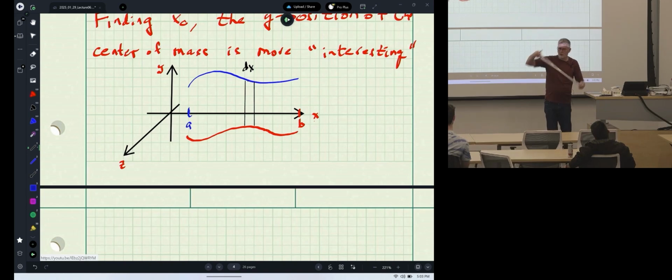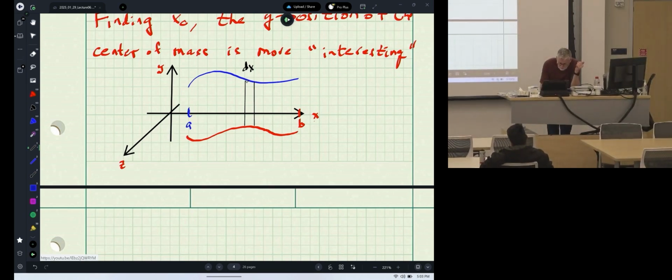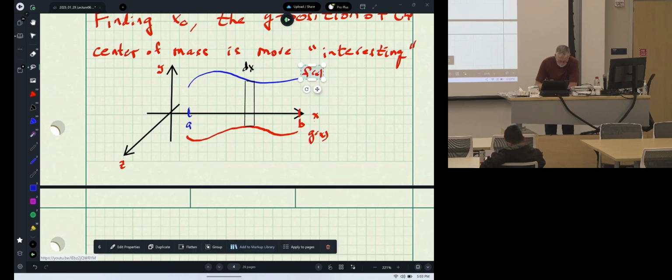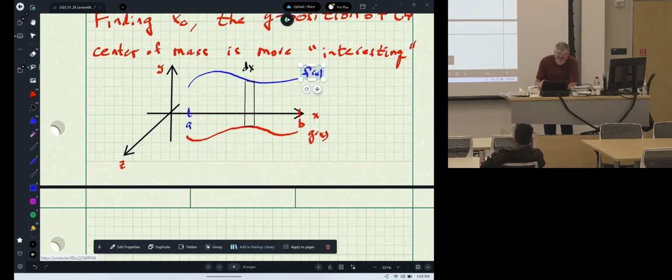We just did the other direction. Now we want to rotate it there. So if this is actually a rectangle, because when you take it super small, it is. And remember, this is f of x, and this is g of x.